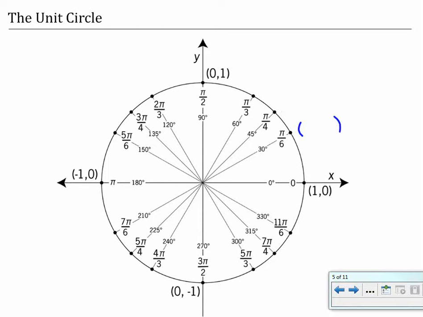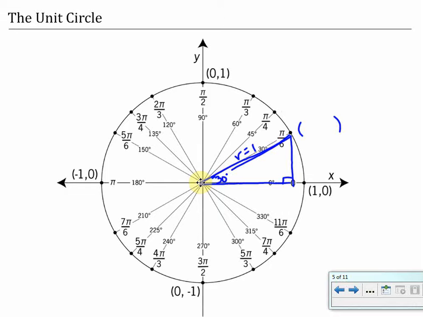So if you draw the height from this point at 30 degrees, or pi over 6, that means that this is a 30-degree angle here. So now inside my unit circle, I have a special right triangle, a 30, 60, 90 special right triangle. I know the hypotenuse is 1 because the hypotenuse is the radius.